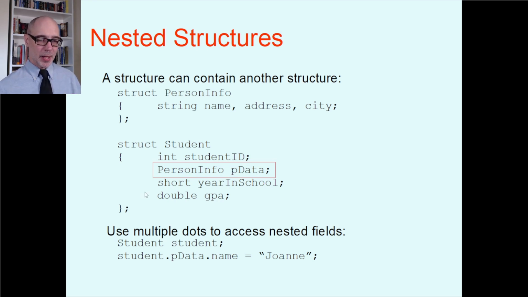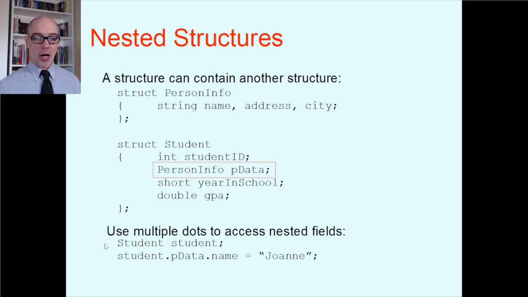It has a short for year in school, a double for GPA like we've seen before, but it has another member that's of type person info, which is this thing we declared up above. And that P data, for personal data, is itself going to hold 3 members inside it, which are called name and address and city.